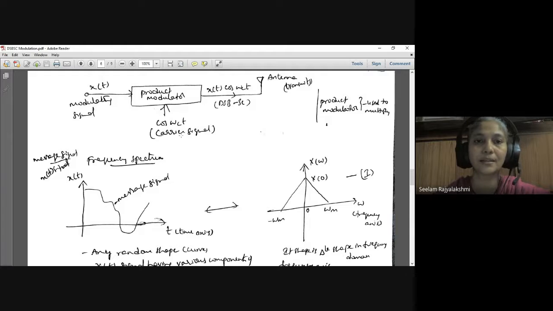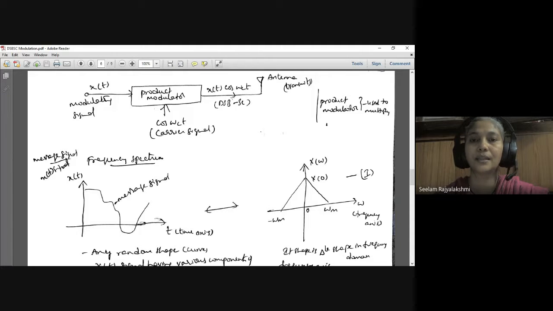So this is the carrier signal cos omega ct and this is the modulating signal x of t. So this is the product modulator. By sending these two, the product modulator multiplies them. Here we can see the product modulator: x of t into cos omega ct, which is the DSBSC signal. Whenever these two get multiplied, we do not get the carrier signal; the carrier is suppressed, and we obtain double side bands. So when the product is done, we obtain the DSBSC modulation.